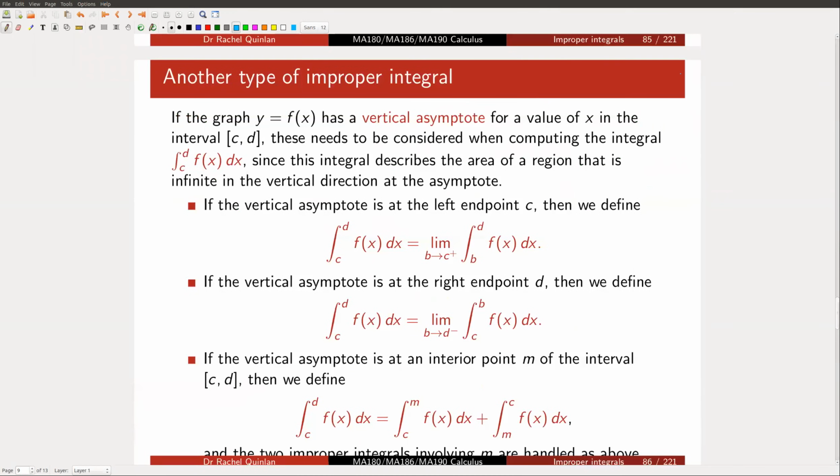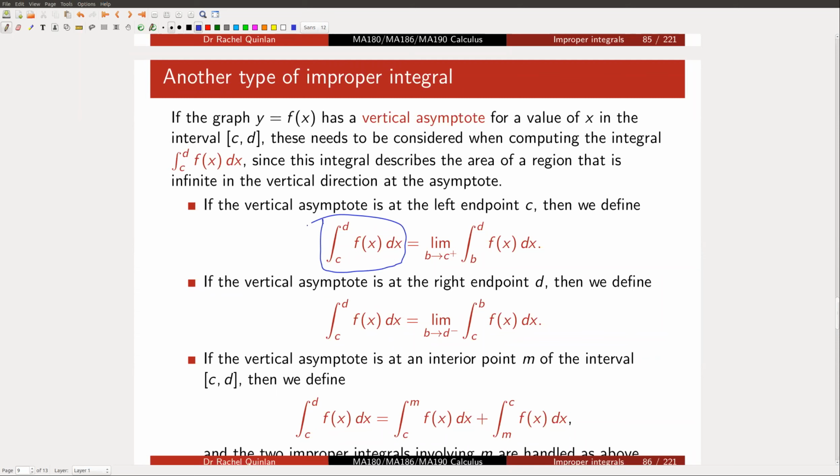So another type of improper integral. If you have a function which has a vertical asymptote for a value of x at some point in the region that you want to integrate over. So here we're talking about the integral from c to d of some function f of x, and here think about c and d as being just fixed numbers.